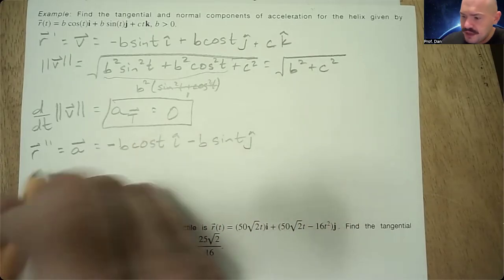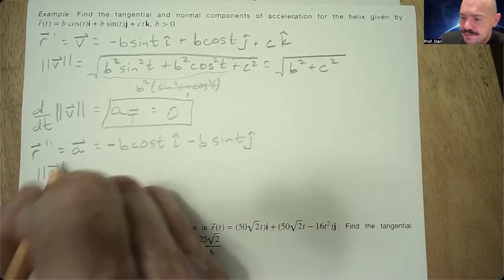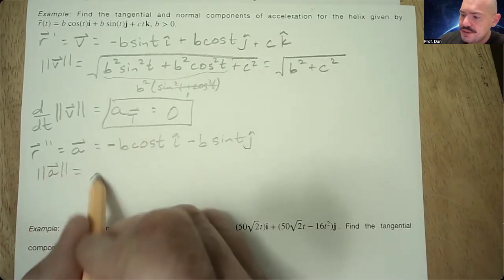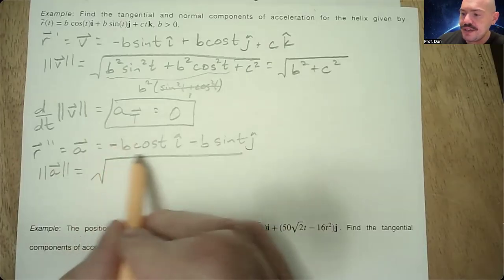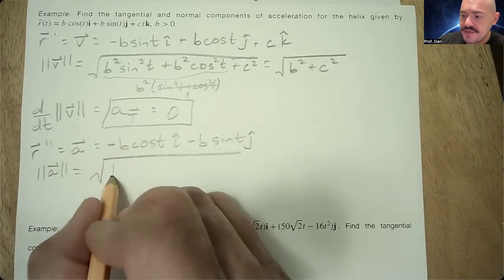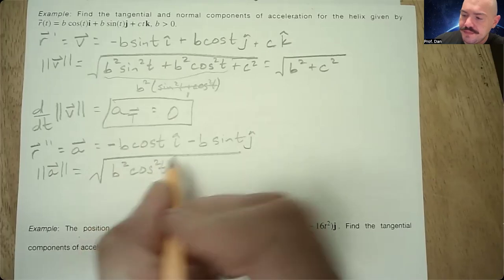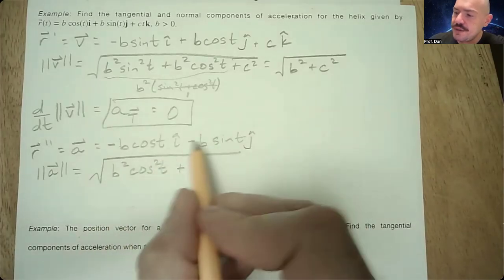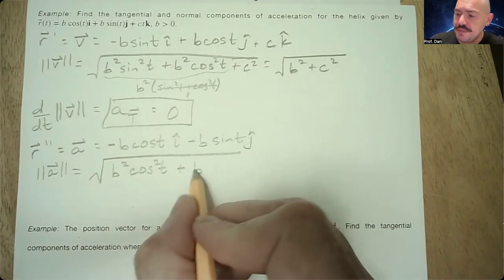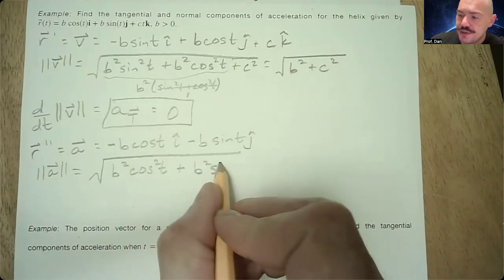So if I find my magnitude, take the square root. If I square the I component, we get positive b squared cosine squared t. And if I square my j component, I get b squared sine squared t.